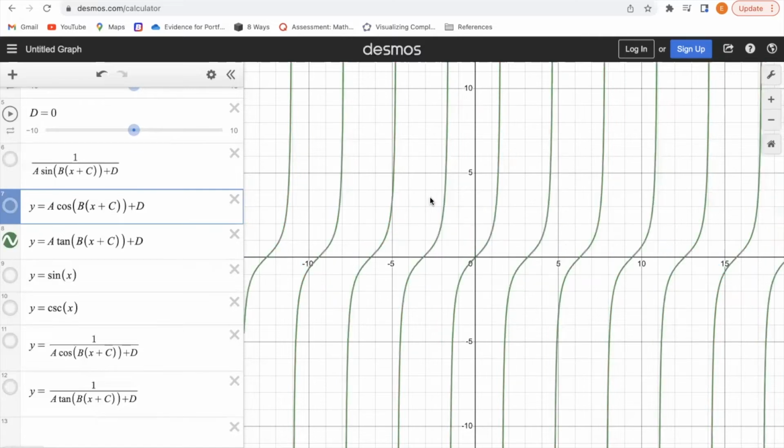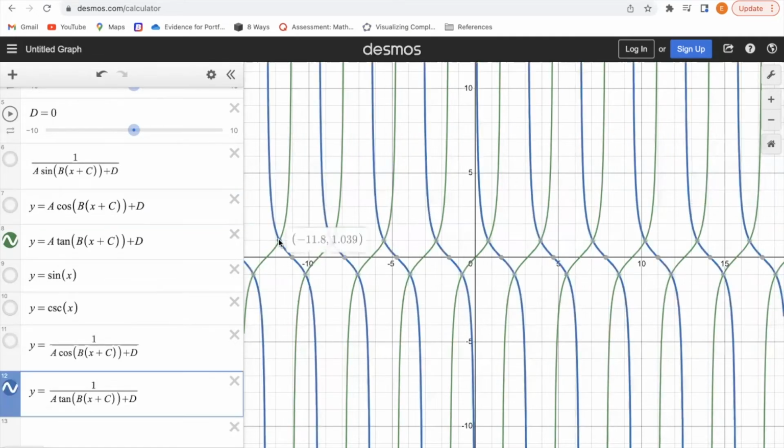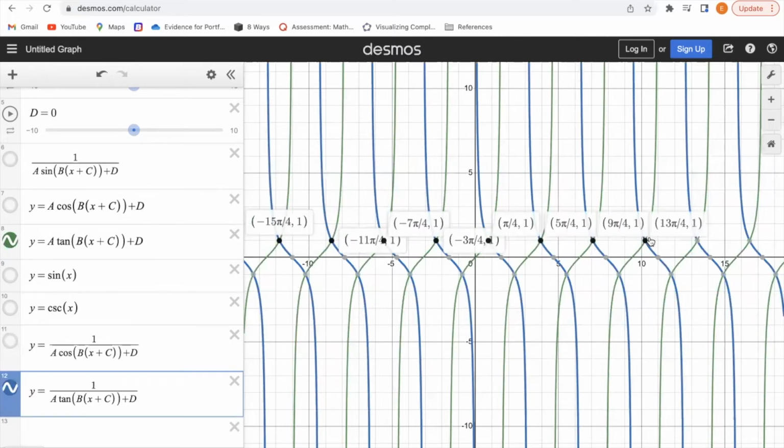If we draw a graph of tan, well, tan already has its own asymptotes. So if I do 1 over tan, I get a graph that looks like this. It's almost mirrored. You can see we have a point of intersection here in the middle, and that is simply when they equal each other. There we go, you can see I've got these points of intersection here, and you can see where I have my asymptotes.